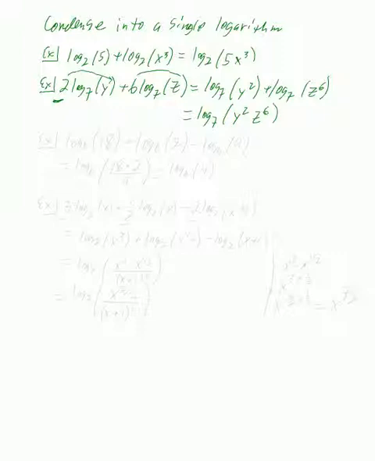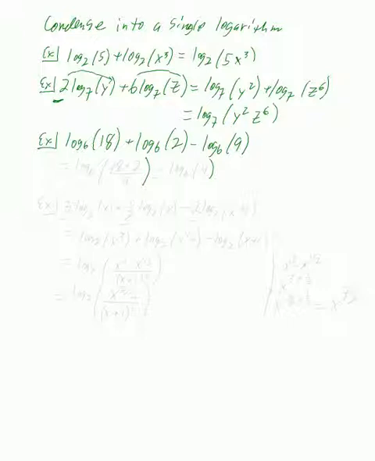Alright, we're moving along. Next example is going to be a little bit more long, and then the last example we're going to be doing is going to be a little bit crazy, like before with the expanding. So we're going to have log base 6 of 18 plus log base 6 of 2 minus log base 6 of 9.